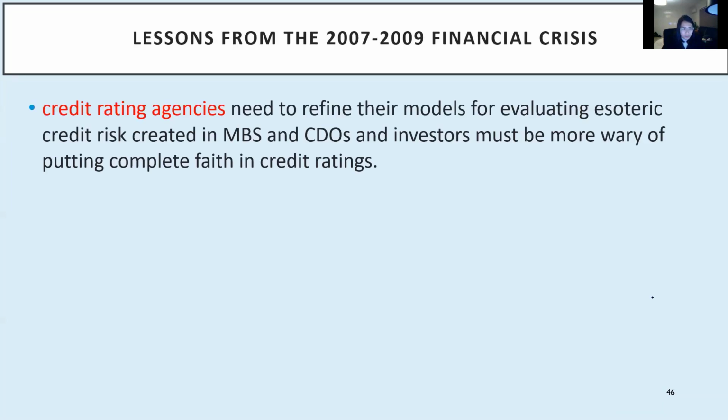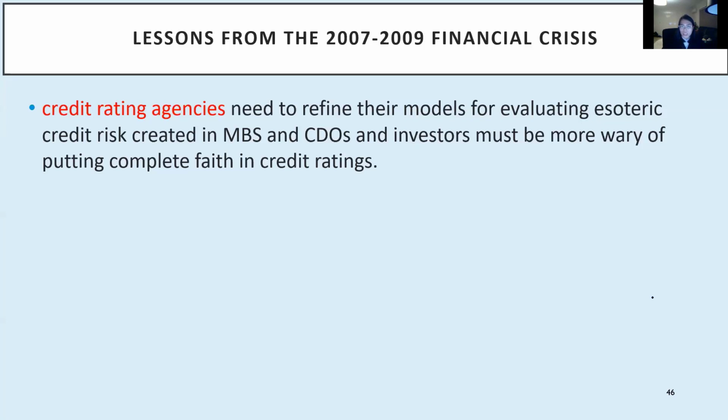The lessons from the financial crisis were, firstly, there was a moral hazard problem in the system, in the sense that the credit rating agencies were asked to rate the companies that pay them. The companies that wrote the mortgage-backed securities were the ones that paid the credit rating agencies to rate their own securities.